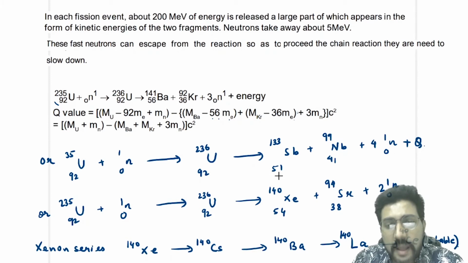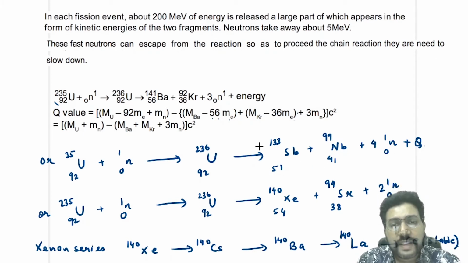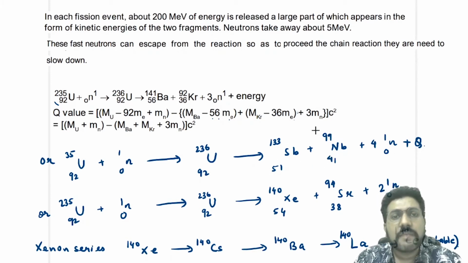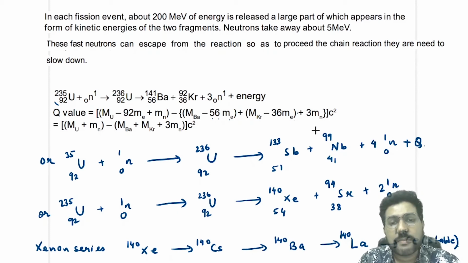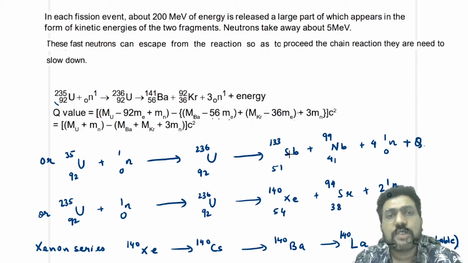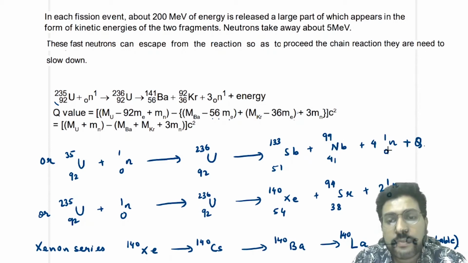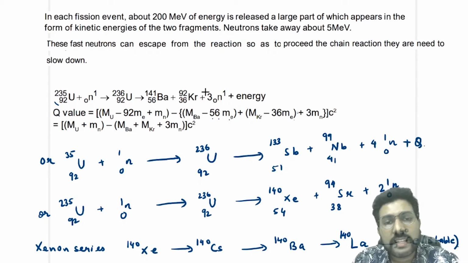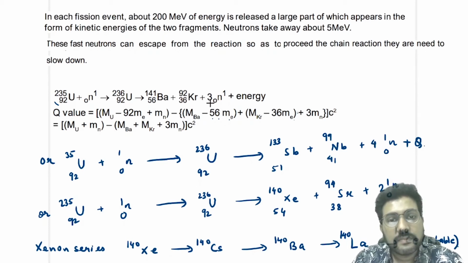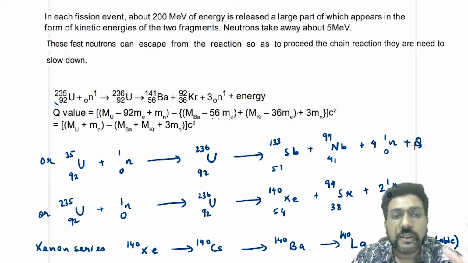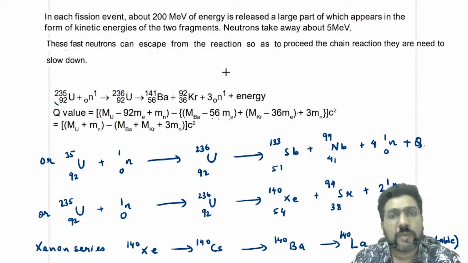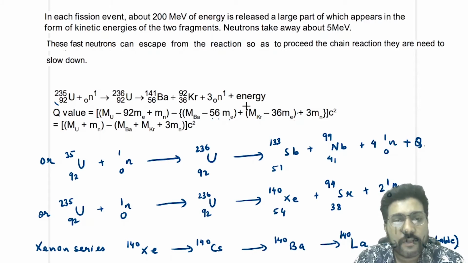Again, the atomic number has to be fixed, but the atomic mass number may not be the same in every reaction, because different isotopes of antimony are there, different isotopes of niobium are there. Okay, in this reaction that I have written here, 4 neutrons are released. So it's not necessary that every time 3 neutrons will be released. Okay, and obviously the Q value. Now Q value in this reaction is also approximately equal to 200 mega electron volt.